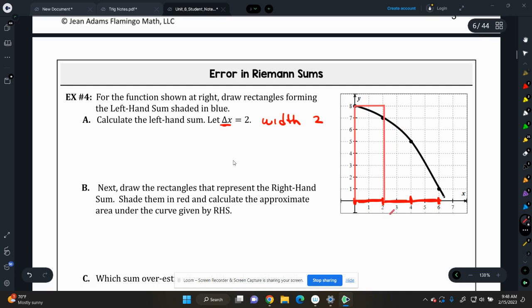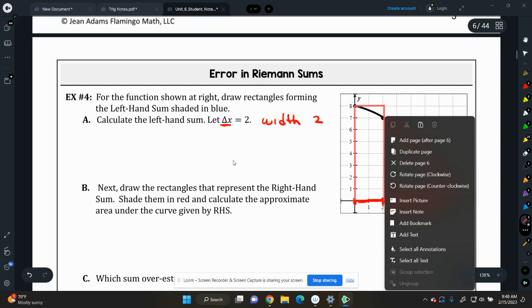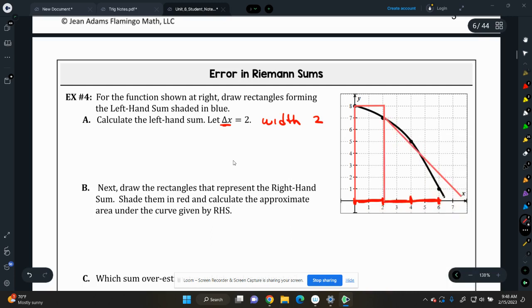Okay, our next one is going to start here at 2. It has a width of 2, and the left edge has to come in contact with the curve. So it looks like that. Okay, see how the left corner comes in contact with the curve. And then my third rectangle, right here, again, it has a width of 2.